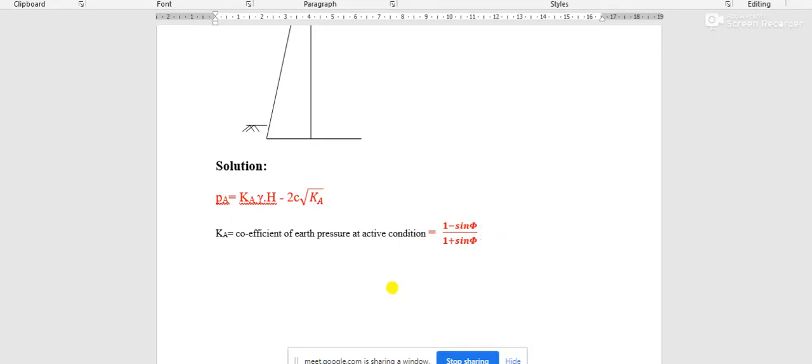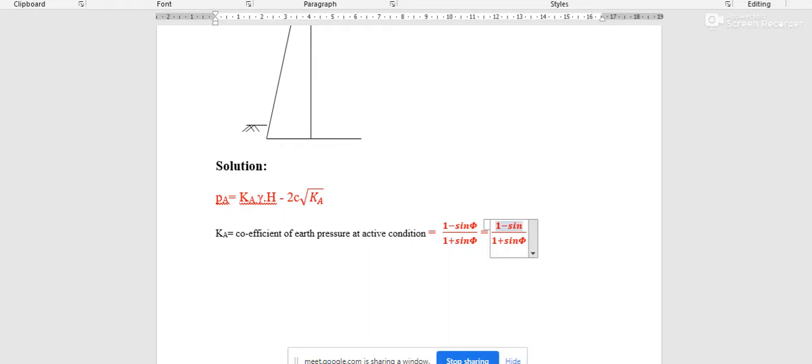Now here we have to calculate the value of Ka, and here the value of phi is given as 0 degree.